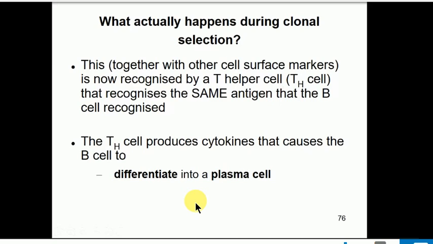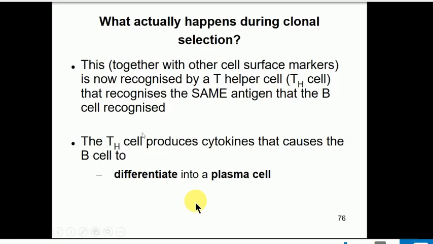This T helper cell also recognizes this antigen, but it will only recognize the antigen if it's bound by a B cell and presented to it on an MHC class II protein. There are also quite a lot of other structures involved in this process, so there's a lot of cells cozying up to each other and recognizing each other. I'll show you a diagram of that in just a moment.